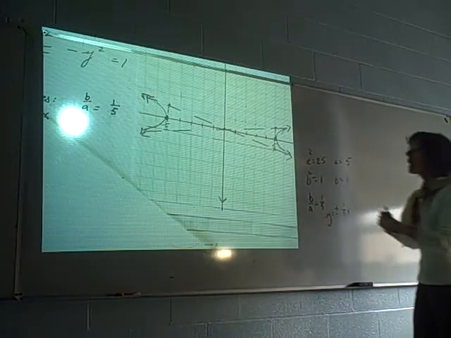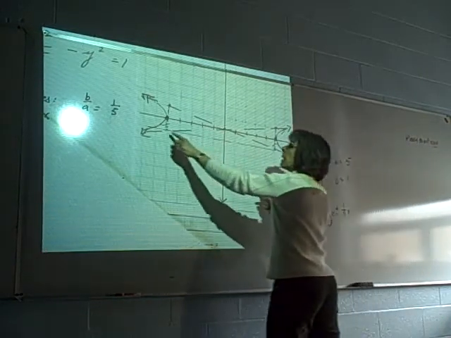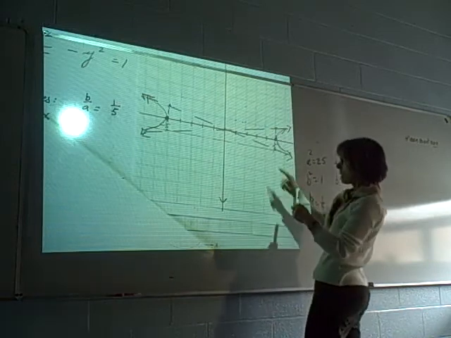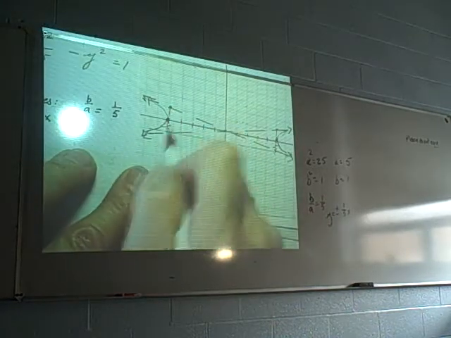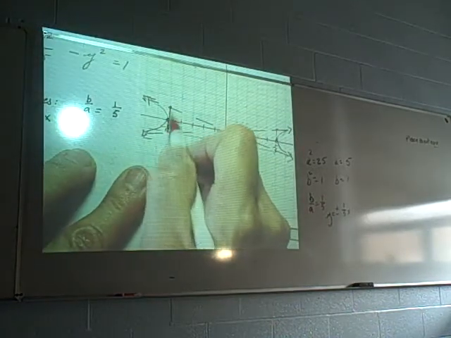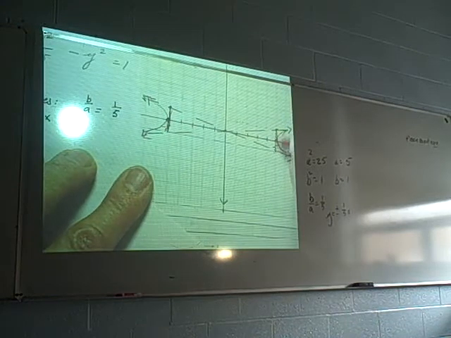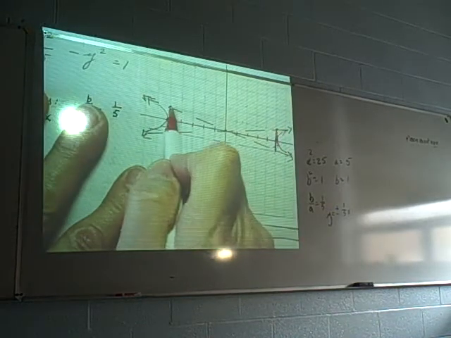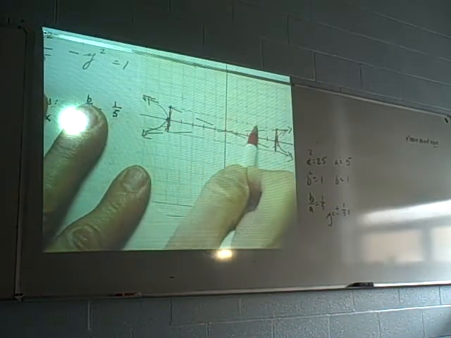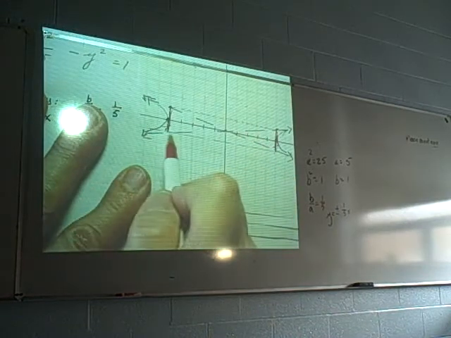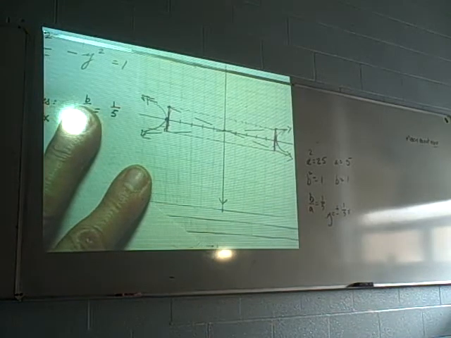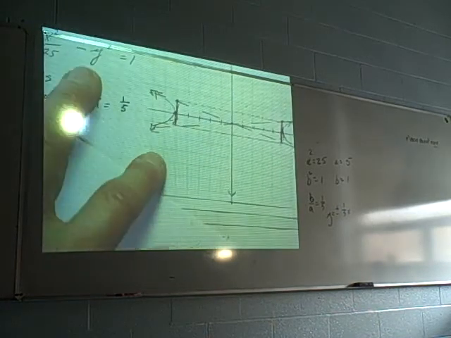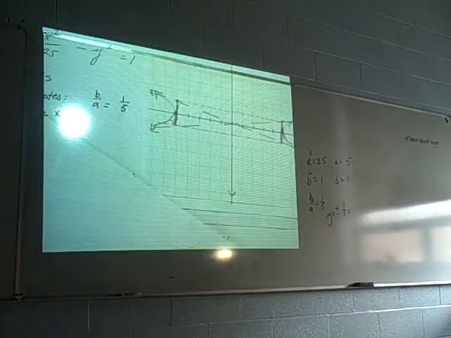Okay? And then I'm actually going to make a box. I don't know if you can see my box. I don't think I did it on the top one. So I should have a box connecting this way, and then I have a box here, and I should have dotted lines on the top and dotted lines on the bottom, and that guides me for my asymptotes.